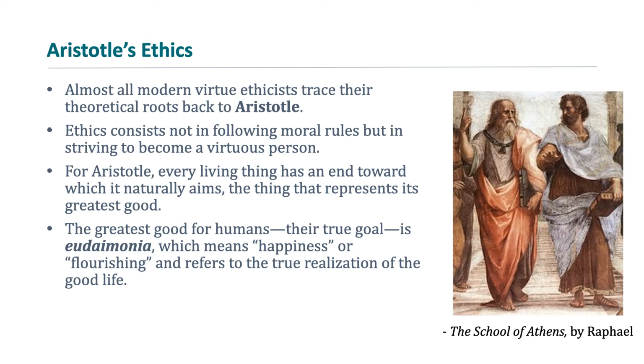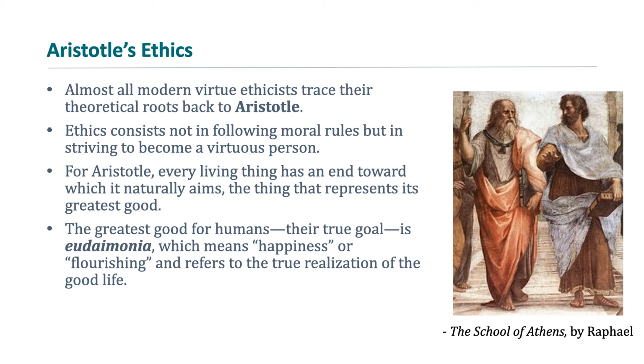Now, when you think about what that means, for Aristotle, every living thing, so when we're looking at this world that we're living in, every living thing has an end toward which it naturally aims. And that end represents the greatest good of that thing. And this actually becomes really important for ethics because when you look at humans, the greatest good for humans, or the goal, the telos that we are trying to strive for, is what he called eudaimonia, which just means happiness or flourishing.